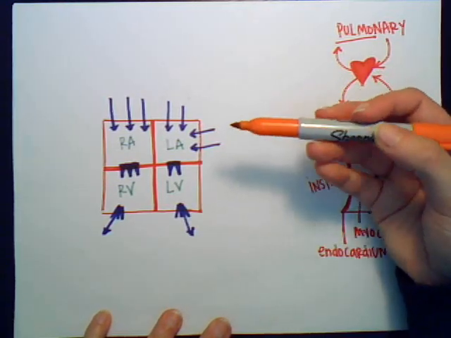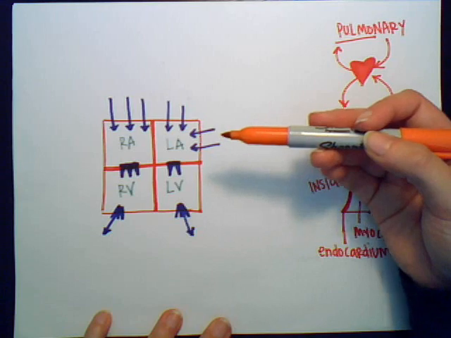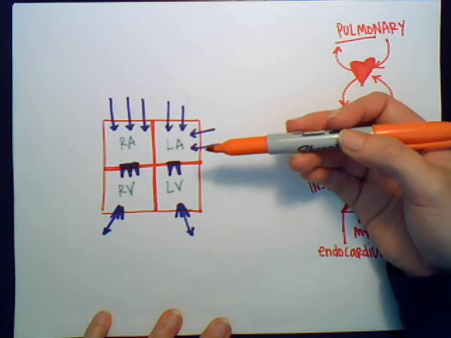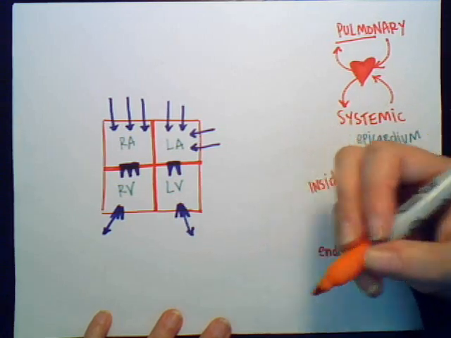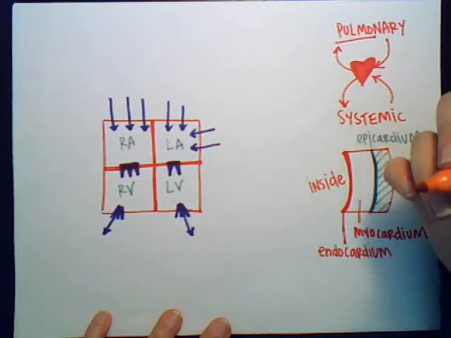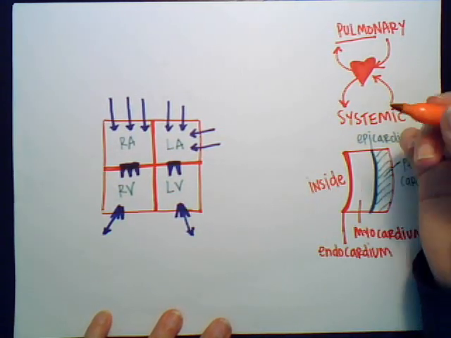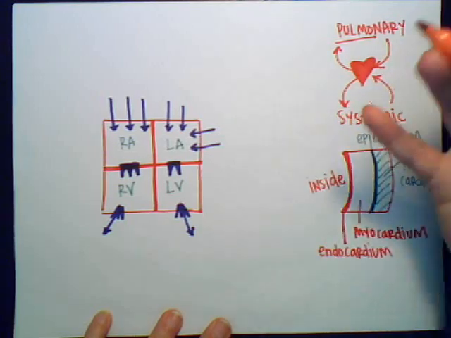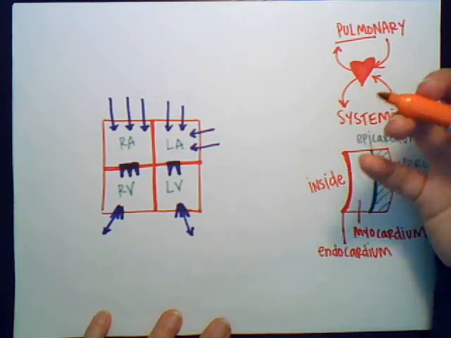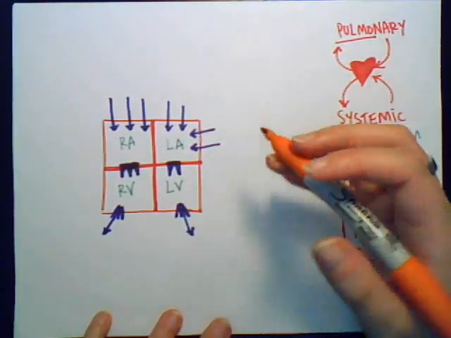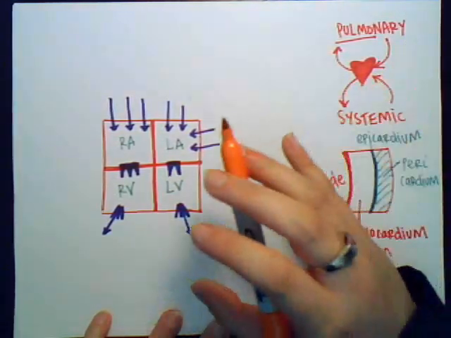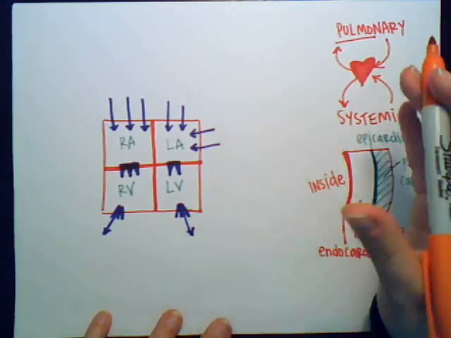Pulmonary veins are actually carrying some of the most oxygenated blood because they're coming straight from the lungs to the heart. So the best way to remember this is arteries away. Arteries take blood away from the heart, and veins bring blood back to the heart. Don't think of them as red and blue and oxygenated and deoxygenated.